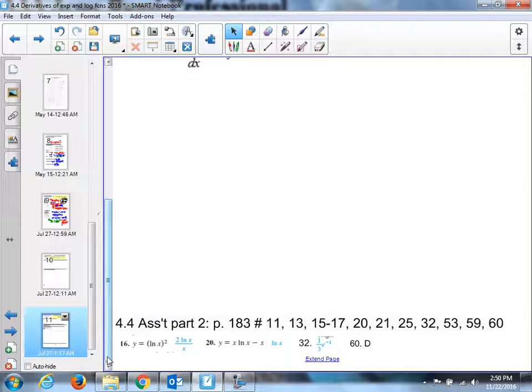But number 11, you can't do 11 yet. 13, can't do 13 yet. 15 through 17 you can do today. Yep, 17, 16. Those are good. 15, 16, 17, let's see about 20. 20 is a dandy. 21, gosh, I picked some. 21, no, you can't, I didn't show you that yet.